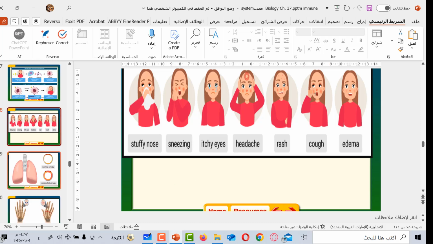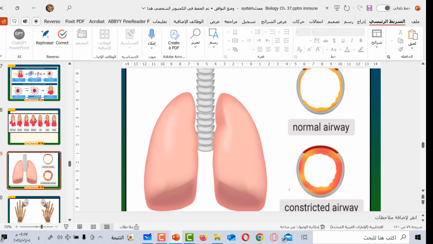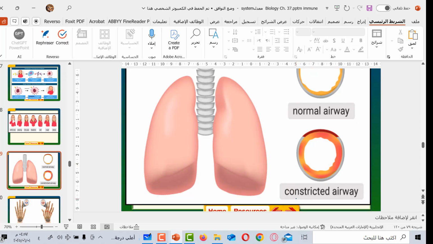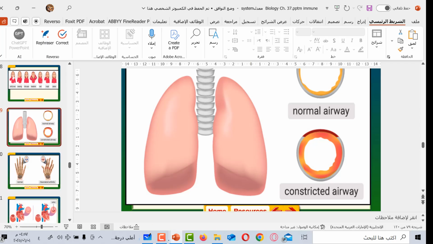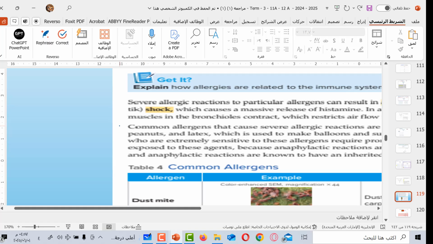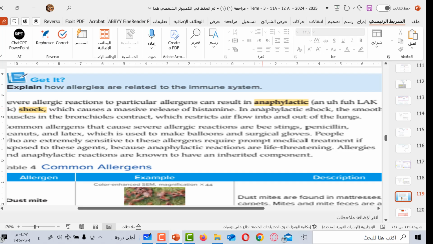طب ايه اللي بيحصل في التشوك؟ في حالة التشوك ده الشكل بتاع النورمال ايرواي، القصبة الهوائية بيحصل فيها constricted of airway، بيحصل ضيق في المجاري التنفسية، فالشخص ممكن يصاب بالإغماء أحيانا، وقد يؤدي في بعض الأحيان للوفاة. لو رجعنا للصفحة دي وشفنا التشوك، قال severe allergic reaction to particular allergen in the anaphylactic.